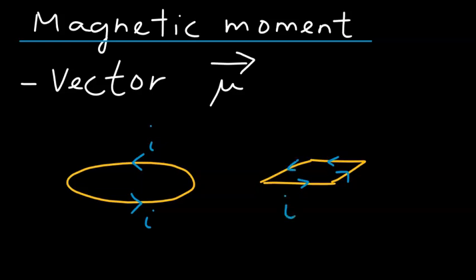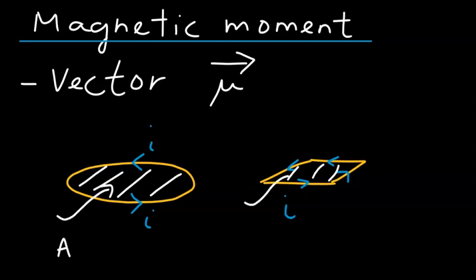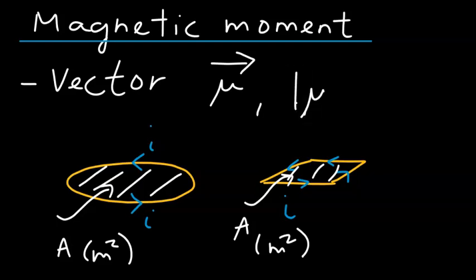In addition to that, this magnetic moment vector is also dependent on the surface area of this loop. So if we denote the surface area with capital A, and assuming that the area is expressed in the unit of meters squared, then the magnitude of this magnetic moment is defined in the following manner.